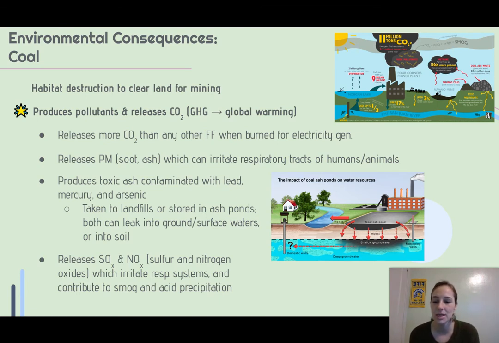And these are going to irritate respiratory systems as well as contribute to smog and acid rain. So all of these are different pollutants in addition to the carbon dioxide and habitat destruction. All of these are reasons why using coal for energy is not good for the environment.